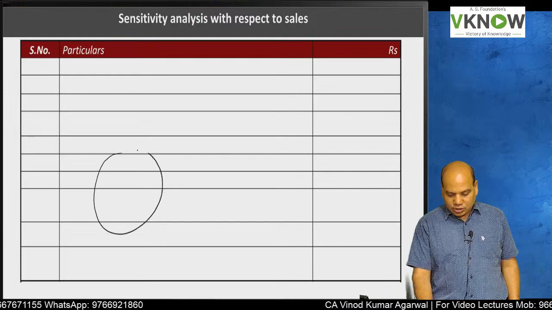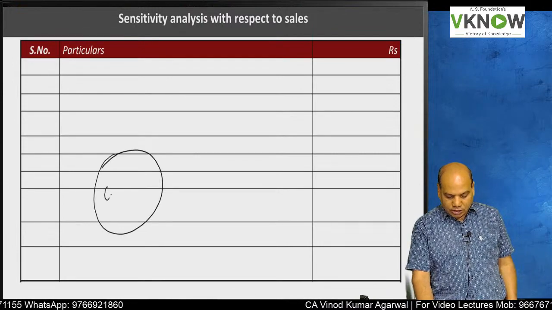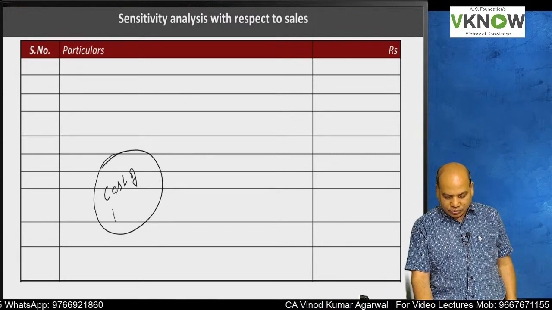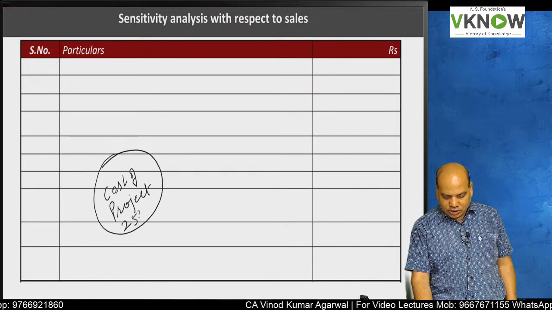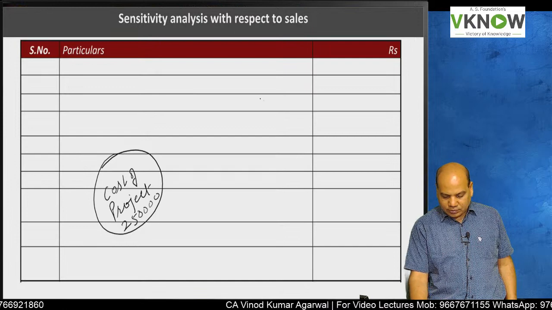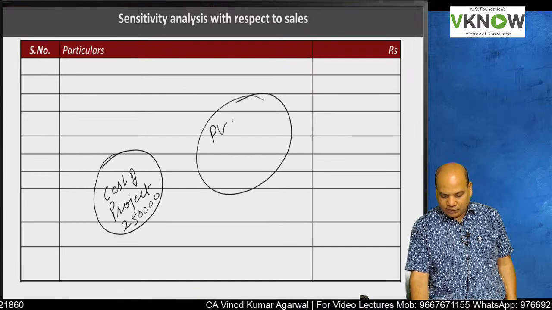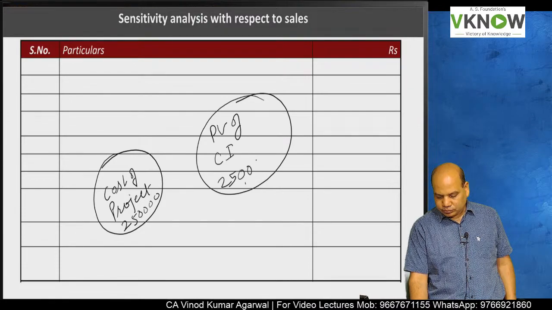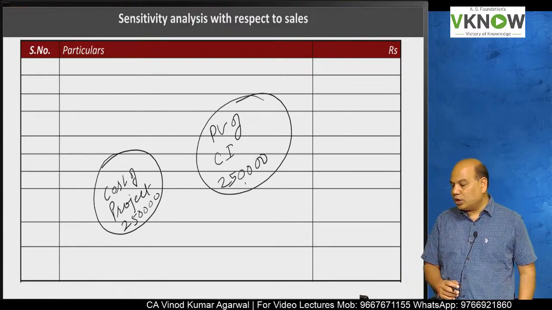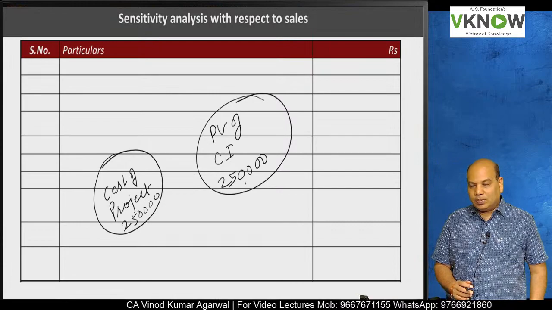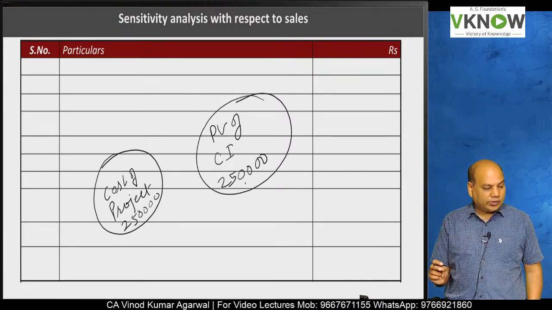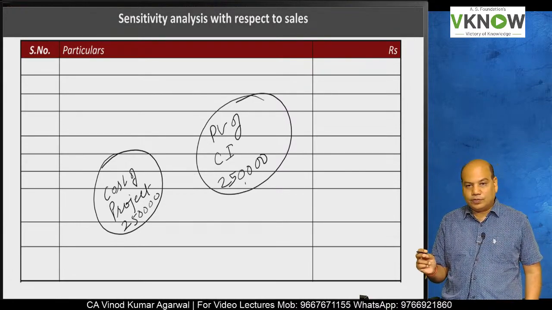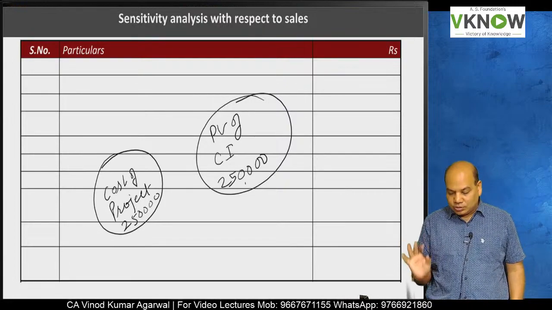So first thing you have to understand, my cost of the project, don't write, only understand, is 2,50,000. So my PV of cash inflow should also be 2,50,000. PV of cash inflow is equal to PV of cash outflow, means my NPV is 0.